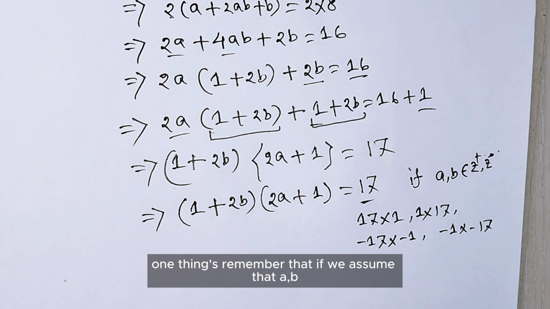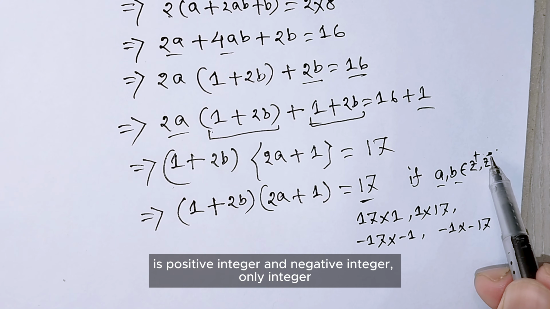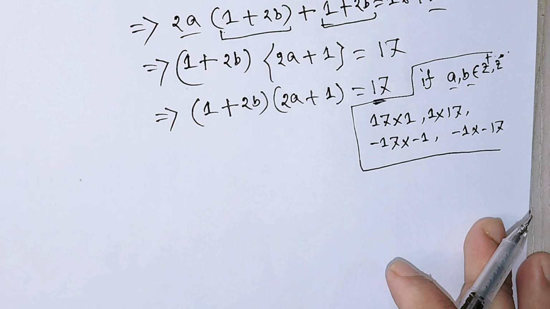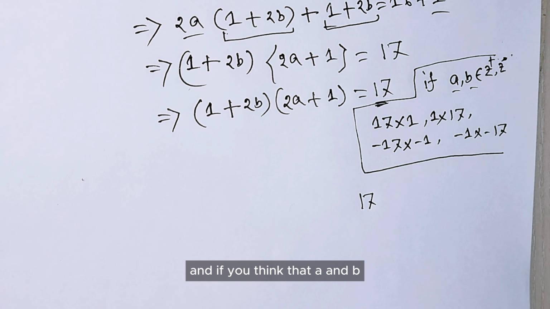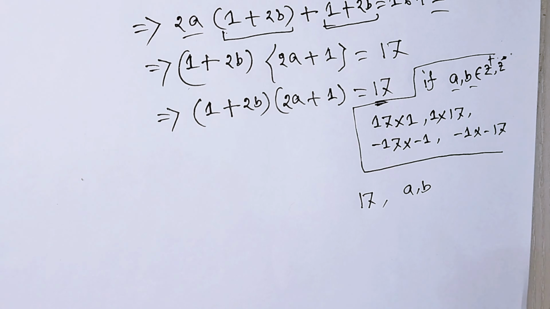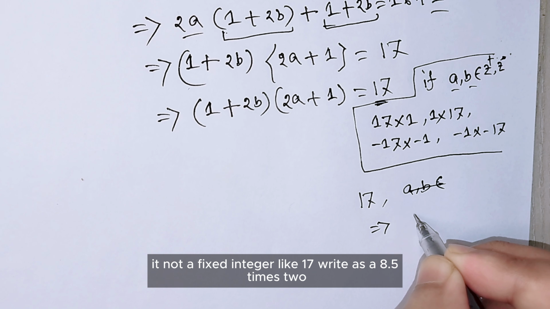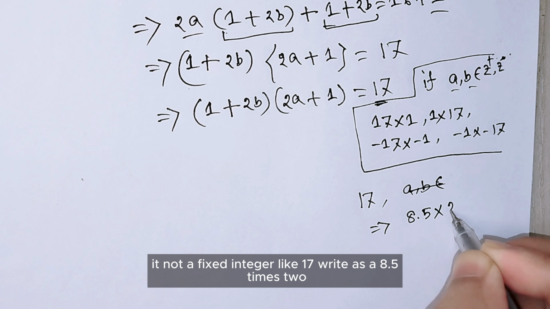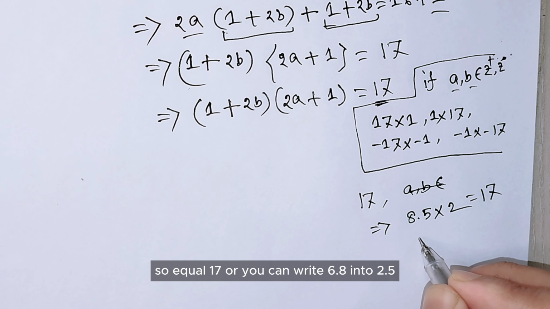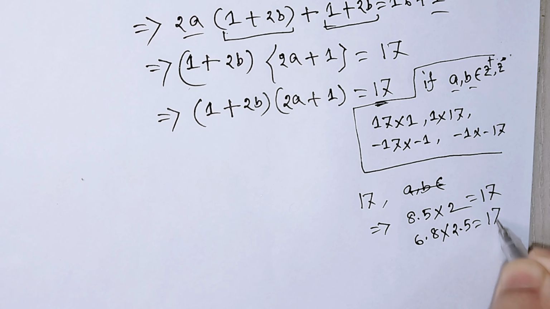One thing to remember: we assume a and b are only integers, positive or negative. If a and b are not fixed integers, we could write 17 as 8.5 times 2, or 6.8 times 2.5, and that also gives 17.